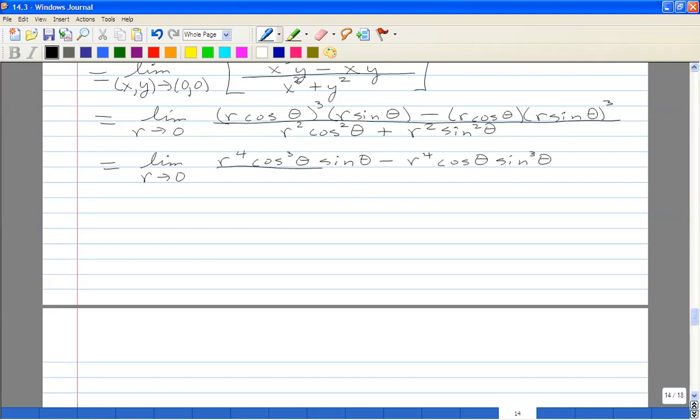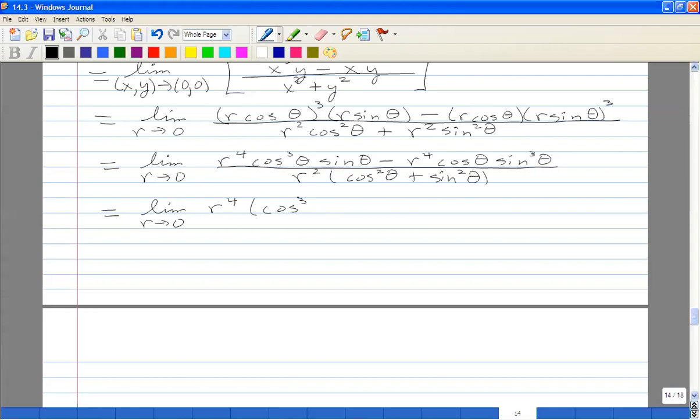over, well, I can factor out maybe an r squared. So let's factor out r to the 4th from the numerator. So I get cosine cubed.